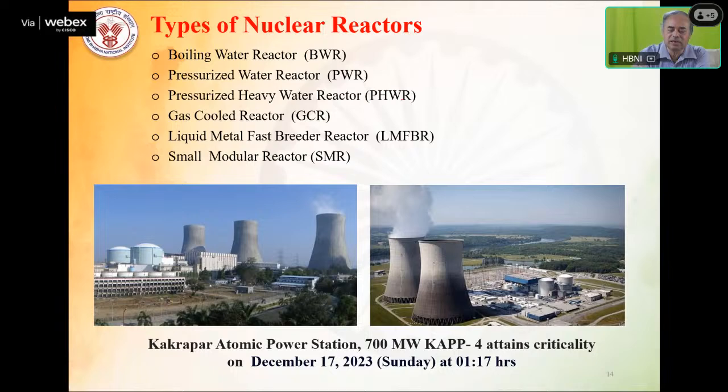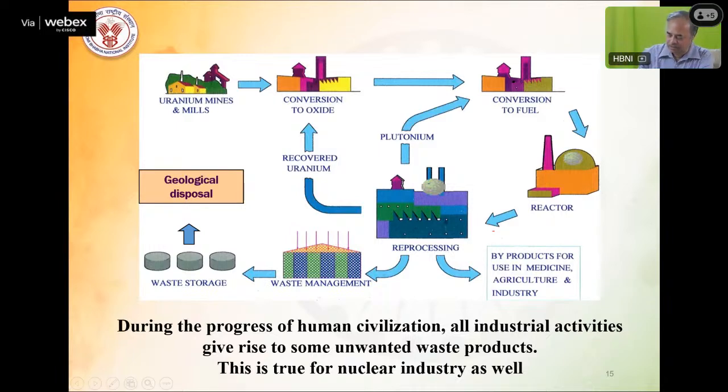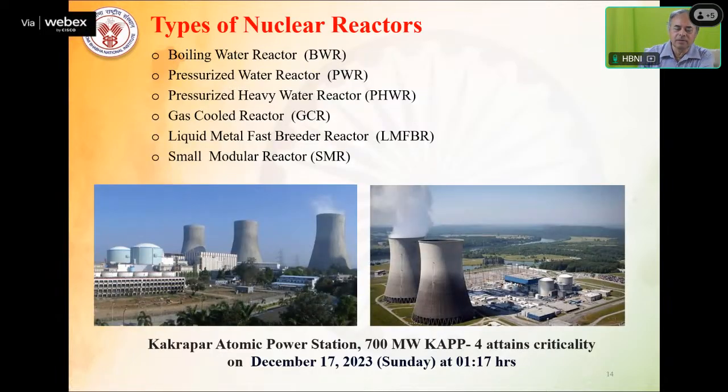The pressurized heavy water reactors, our indigenous PHWR reactors, we have at several sites, like Madras, Kalpakkam, Narora, then Kota, Kakrapara, and Kaiga. Then gas-cooled reactors, these are still under development. I think only one country or so has a gas-cooled reactor presently.